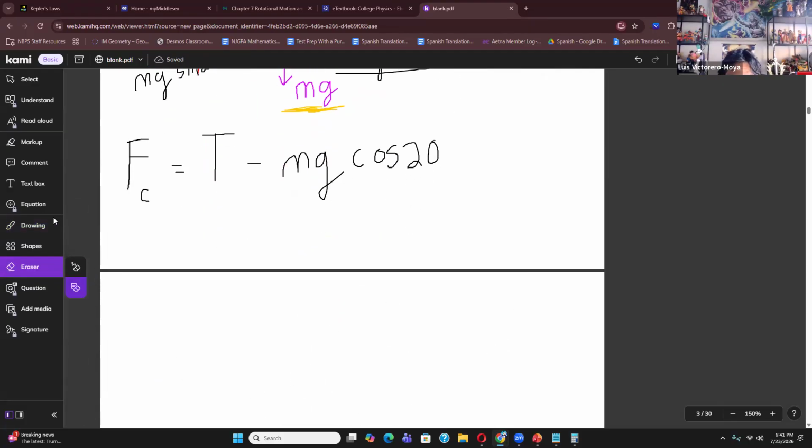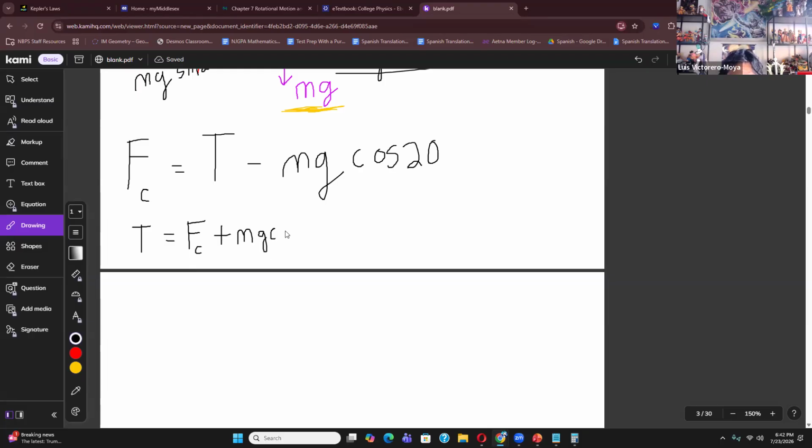So tension is centripetal force plus mg cosine 20. Centripetal force is mass v squared divided by radius, plus mg cosine 20.